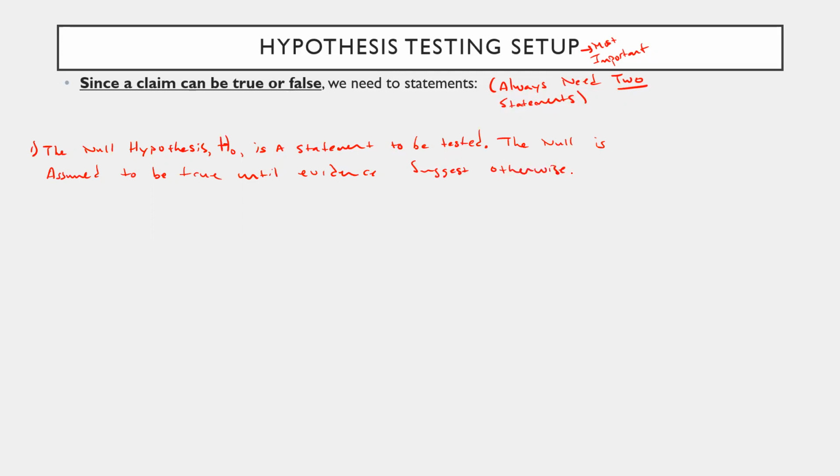Think of the null hypothesis as your base starting assumption. Whenever you set up these tests, you're always going to have some base or starting assumption. And then you're going to set up another statement that's called the alternative hypothesis.